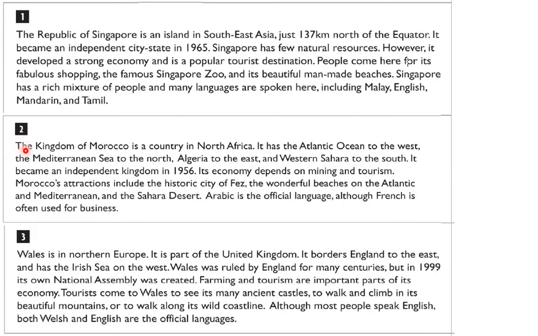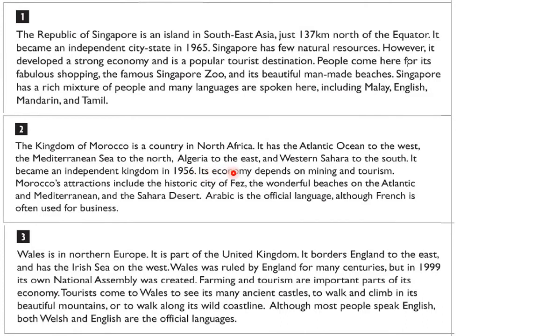Second paragraph. The Kingdom of Morocco is a country in North Africa. It has the Atlantic Ocean to the west, the Mediterranean Sea to the north, البحر المتوسط, Algeria to the east, and Western Sahara to the south, الصحراء الغربية. It became an independent kingdom in 1956.